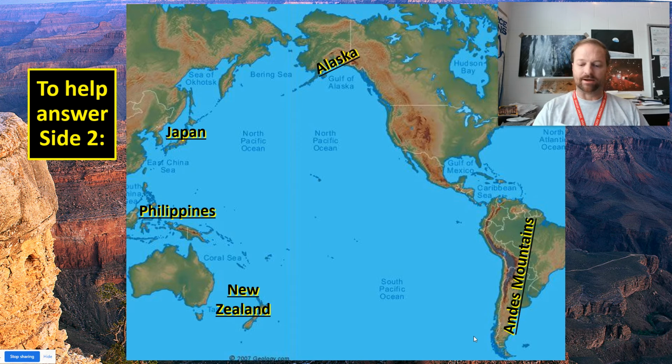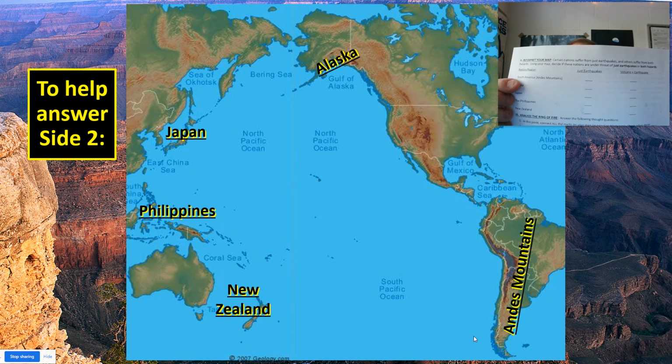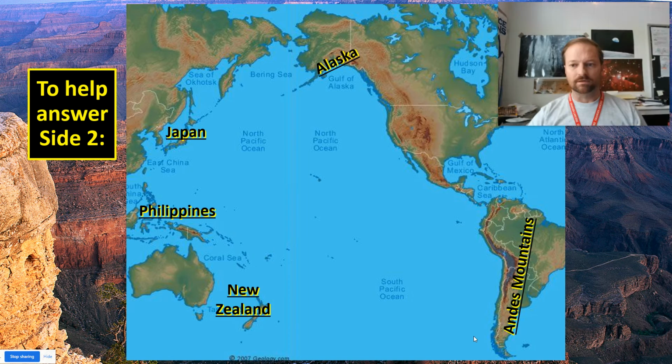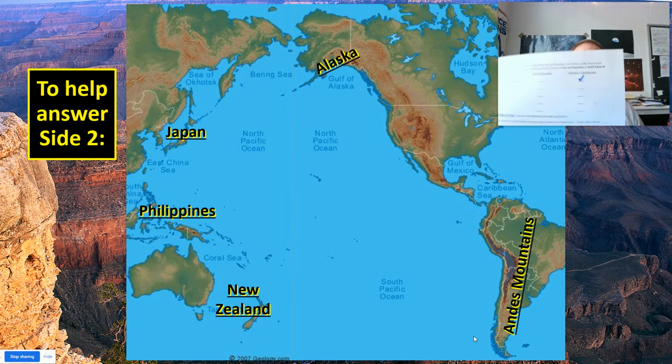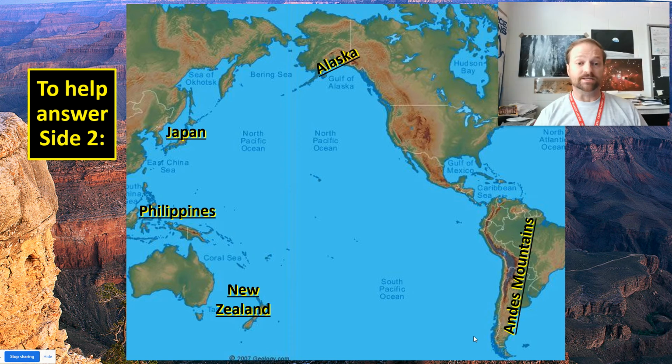So on the back, where we have South America, is it just earthquakes or volcanoes and earthquakes? Well, definitely both. So I'm going to take my pen and check mark both. Okay. Continue that for the other 4 locations: Alaska, Japan, the Philippines, New Zealand.